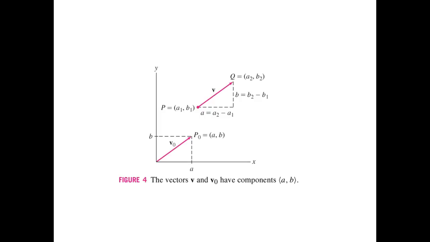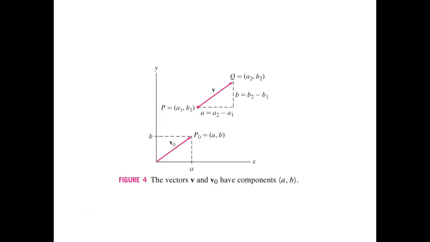Now, P0, and to me this is so confusing. Why wouldn't they call that Q0, okay? But they're calling it P0. It corresponds to the Q up here, not to the P up here, so don't let that confuse you. I just did, didn't I? The point P0 has coordinates AB, but that vector V0 has components angle bracket AB, close angle bracket.